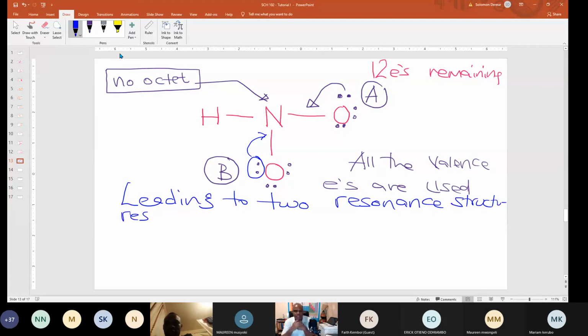Did we force these two structures? Not really. No. They're not forced. They came as you followed the steps in drawing the Lewis structure.